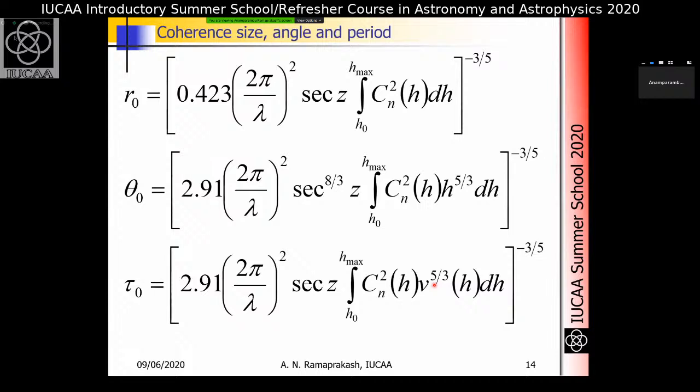So if at a certain height there's a certain wind velocity at which things are being churned around, that translates into a time scale over which the atmosphere itself is changing, and therefore the image on the telescope focal plane is also changing substantially. So these are the three parameters which define how much is the impact of the atmosphere on the image quality you can obtain.